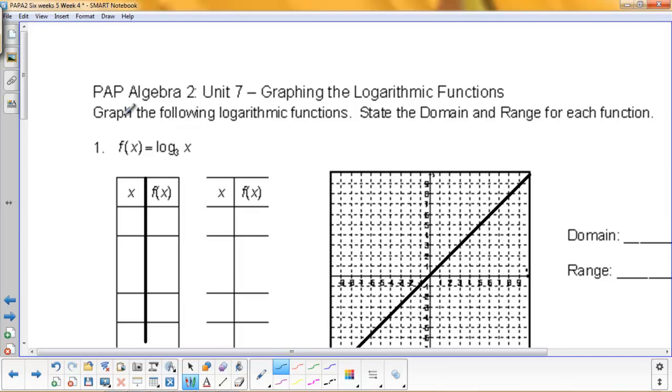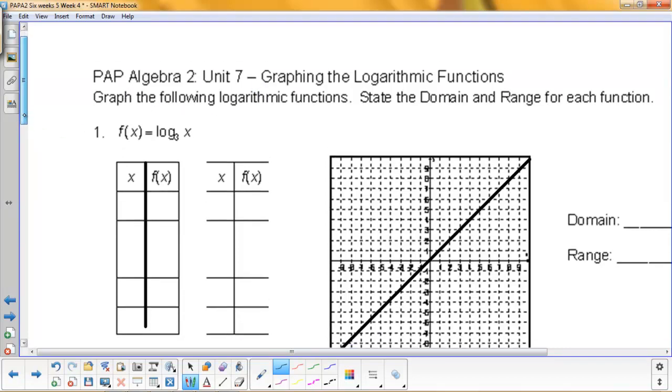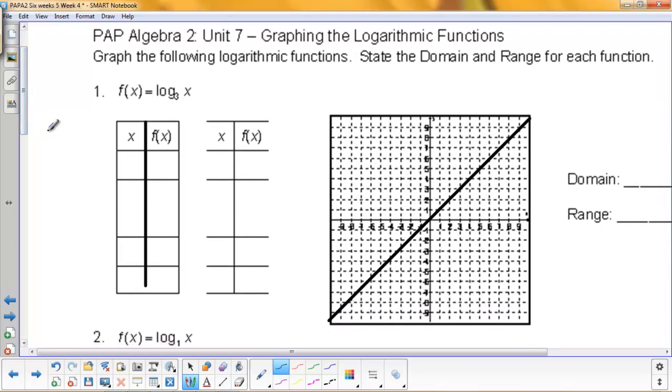So when you're asked to graph a logarithmic function, and you're not allowed to use a calculator to do it, you've got to be able first to graph its exponential function. So we start by switching it into exponential form, and that's going to be 3 to the x power.